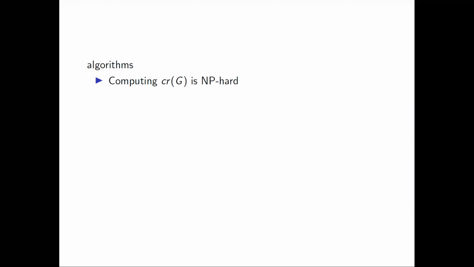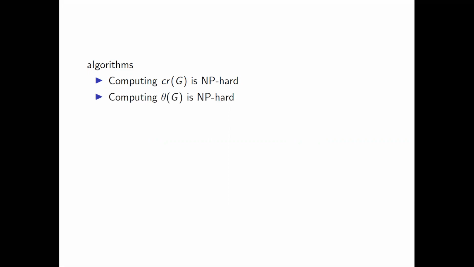And we talked about what this means in an earlier video. NP hard means that any problem in the complexity class NP can be reduced to computing CR of G using a polynomial time reduction.